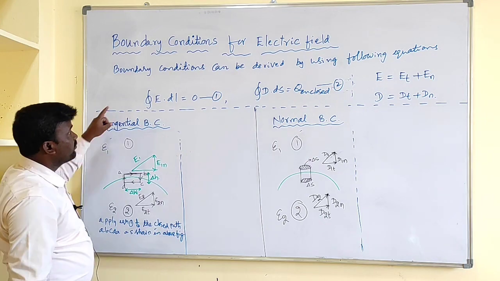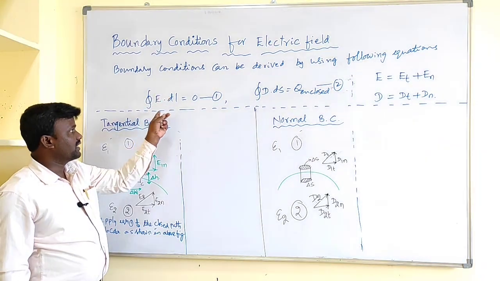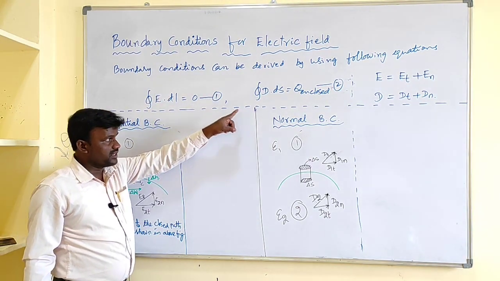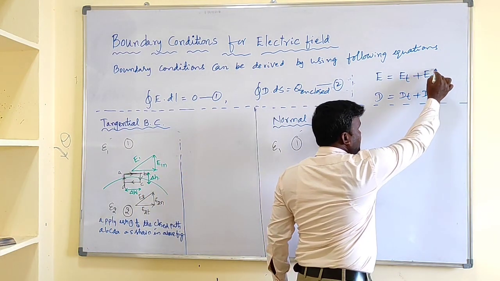In order to derive the electric field boundary conditions, we need to use equation 1 and equation 2. We can take this as equation 3.